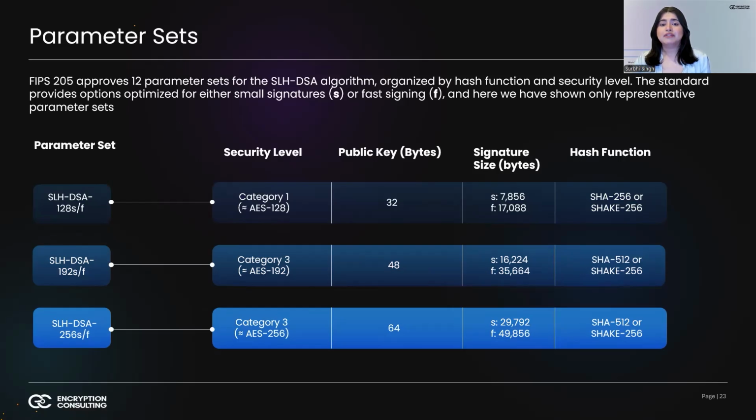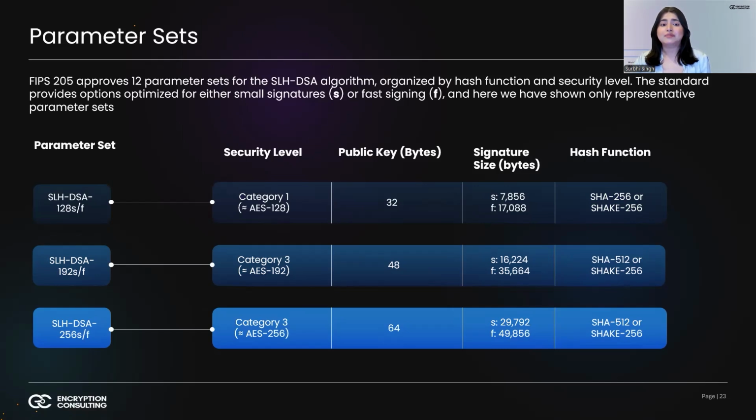If you switch to the F version for faster signing, that size more than doubles, jumping to over 17,000 bytes. This dramatic difference is why SLH-DSA is considered a specialist tool. The signatures are significantly larger than those produced by ML-DSA, but we accept this cost because we are getting greater security based purely on the rock solid strength of SHA-256 or SHAKE-256.